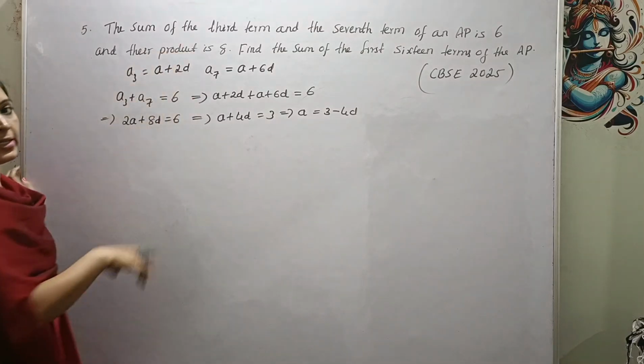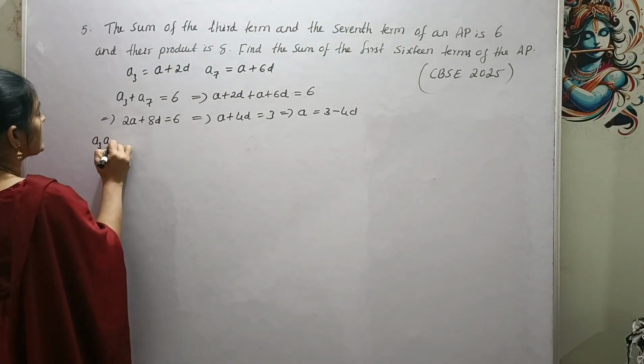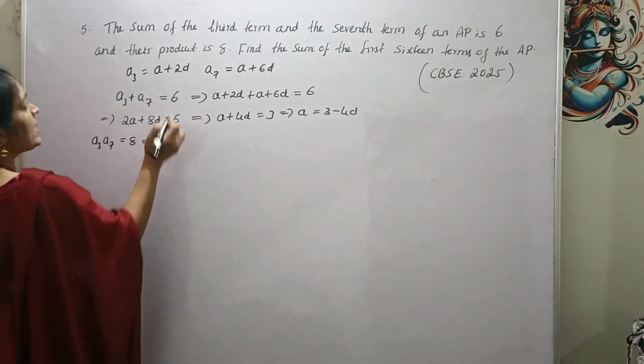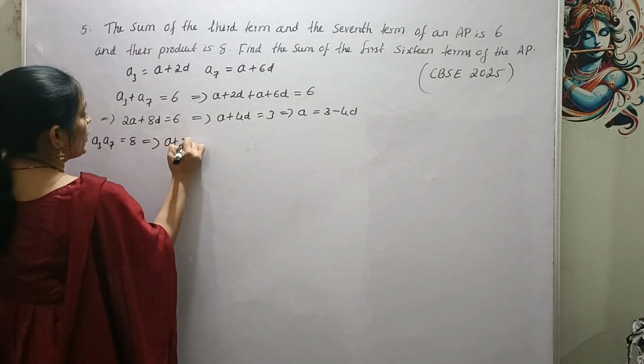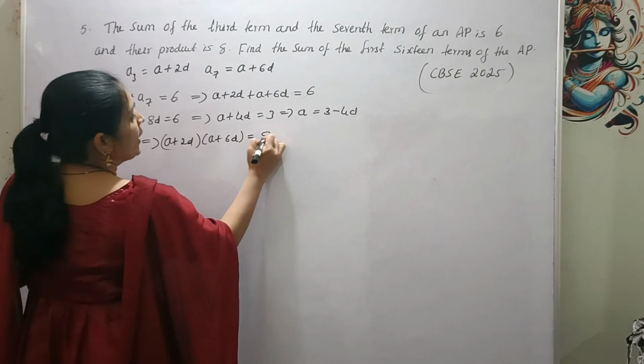Their product is 8. That is A3 into A7 is equal to 8. That implies A plus 2D into A plus 6D is equal to 8.